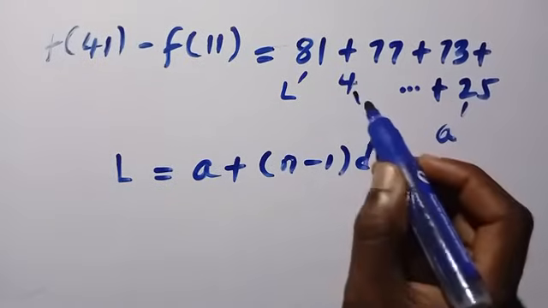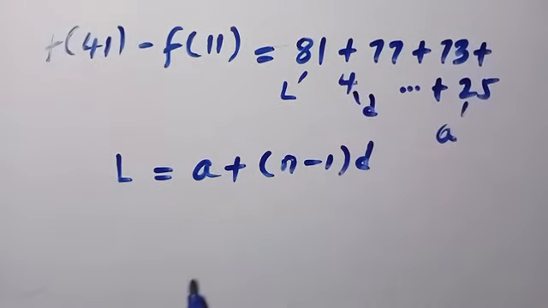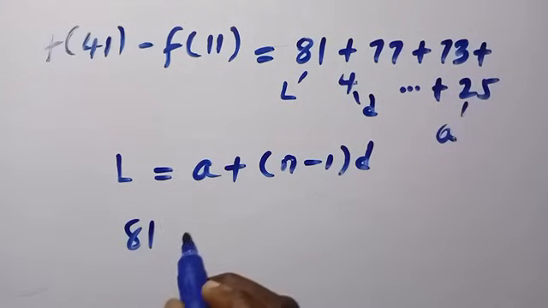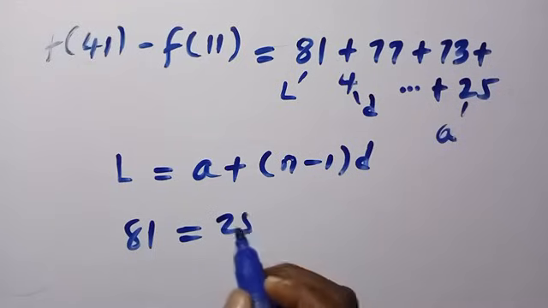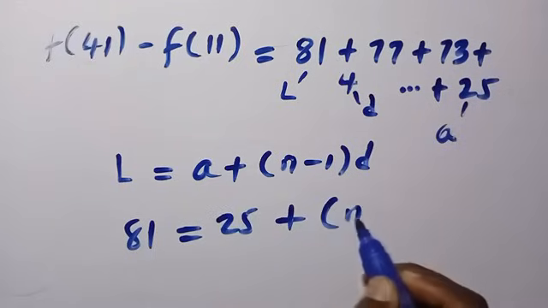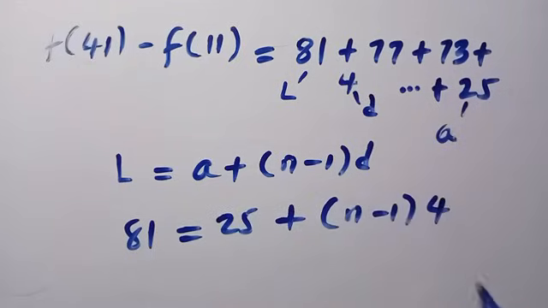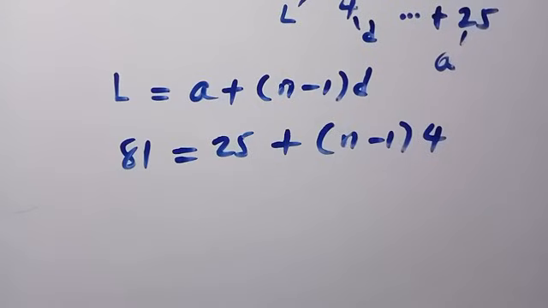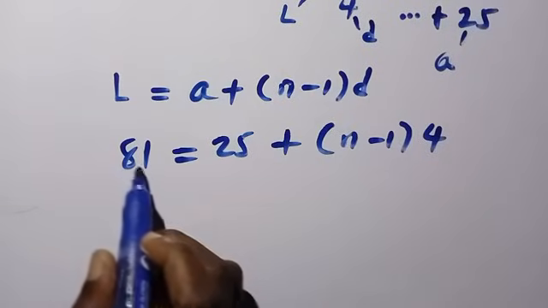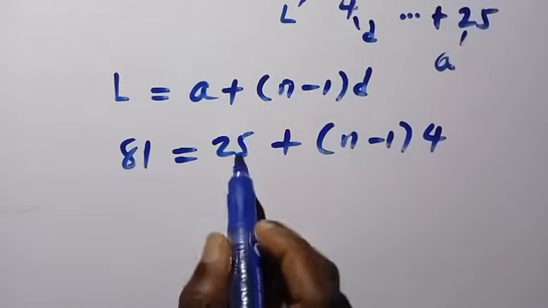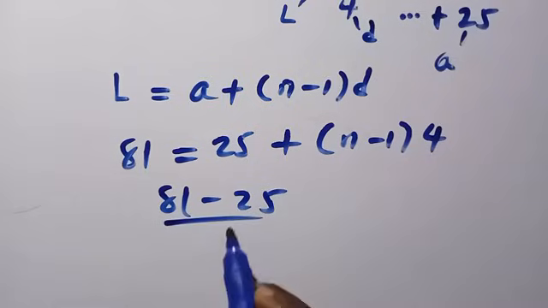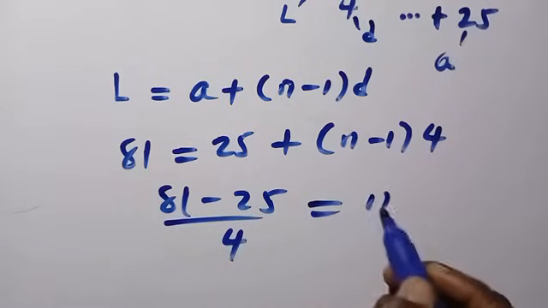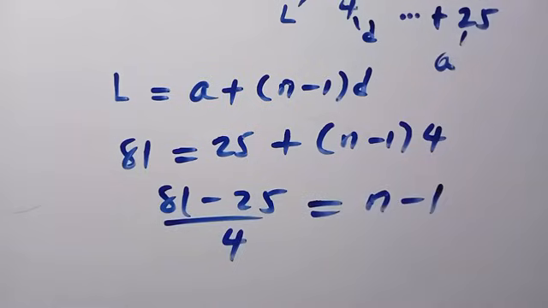Since the common difference is 4, and the last term is 81, that equals the first term, 25, plus n minus 1 close bracket 4. So by subtracting, we have 81 minus 25. Then we divide by 4 equals n minus 1.